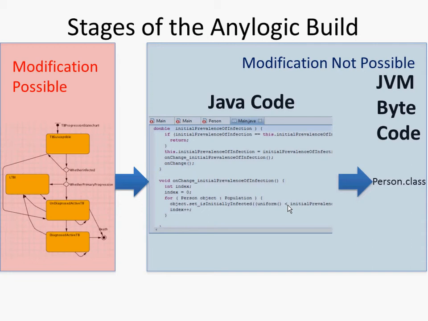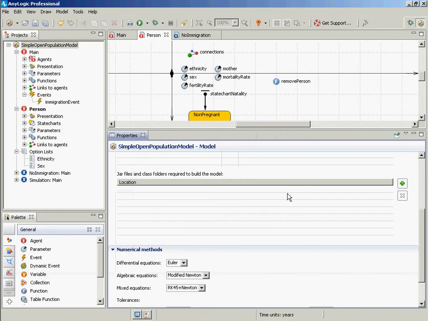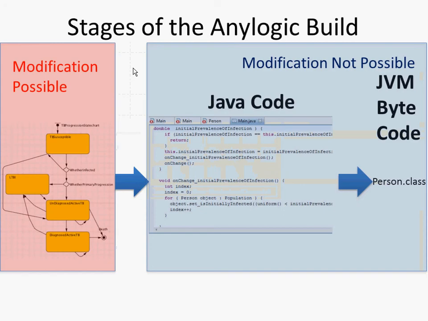This is done behind the scenes; you don't really see it directly, typically. But if I take a model like this and build it, behind the scenes it turns it into Java code, and then into what's called bytecode, which is something it can run. It can actually execute it and simulate it out.